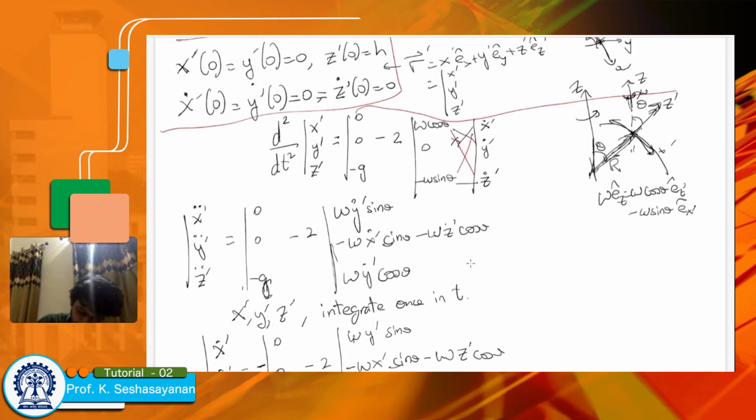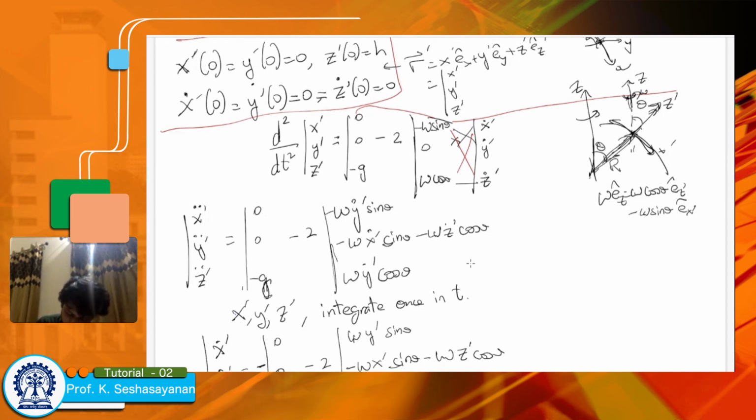Okay, there's a mistake here. Let's check. This is omega cos theta along the z direction minus omega sin theta here. I'll do it very fast. In the first column you get minus omega y prime dot.